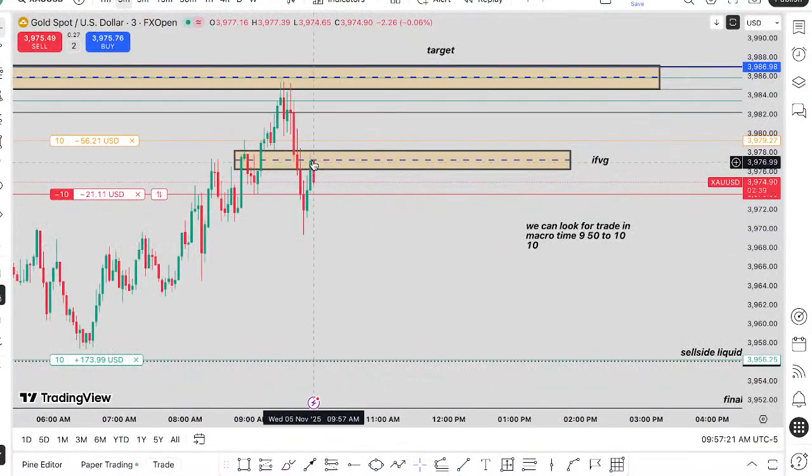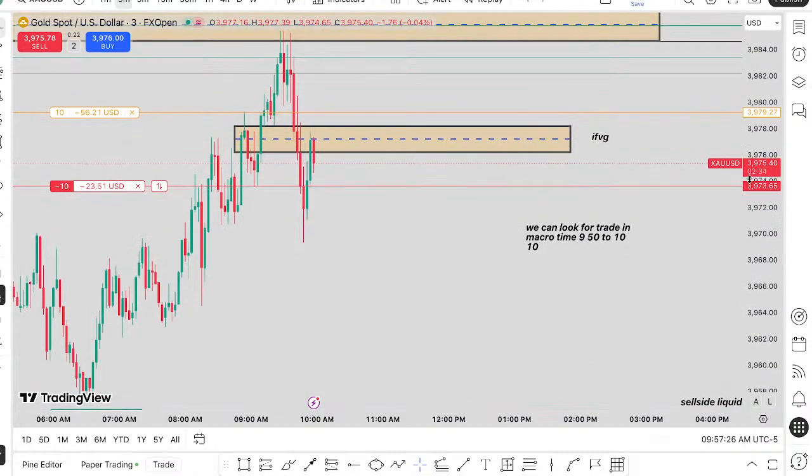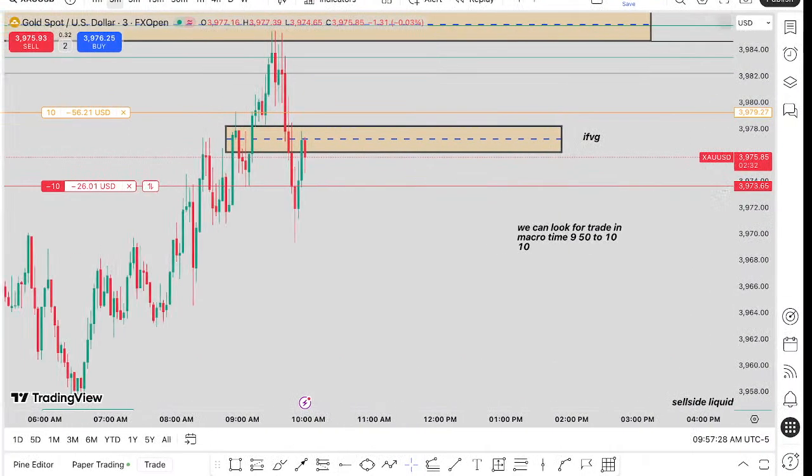That's wonderful. To the tick, it stopped on the inversion here, let the candle close here, and then we'll see.